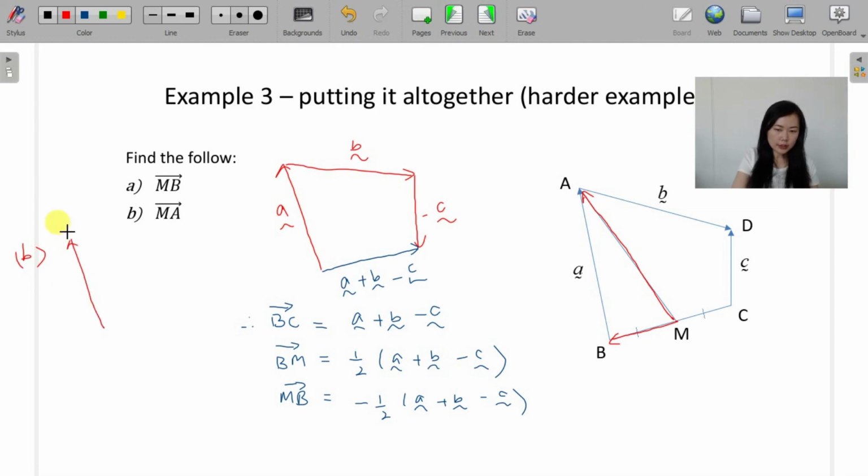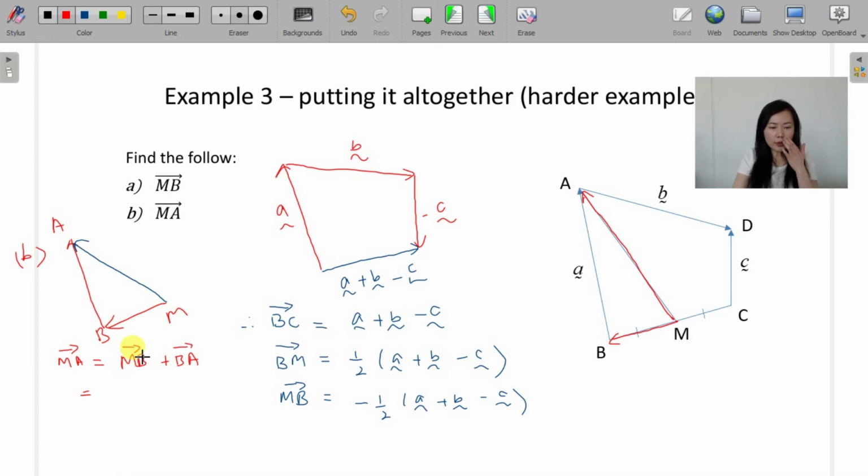I'm just going to replicate it. So A, B, M. MB plus BA, a triangle. That's the addition vector, pointing towards the head. So in other words, MA is equal to MB plus BA.